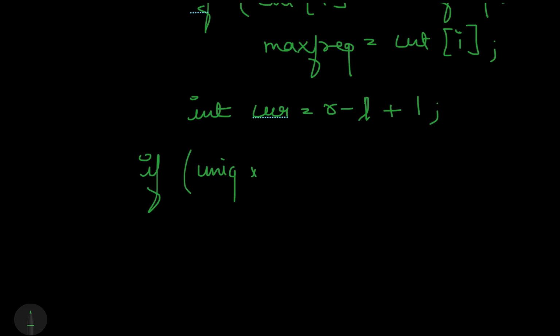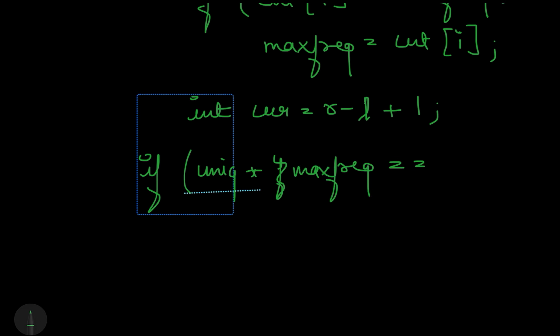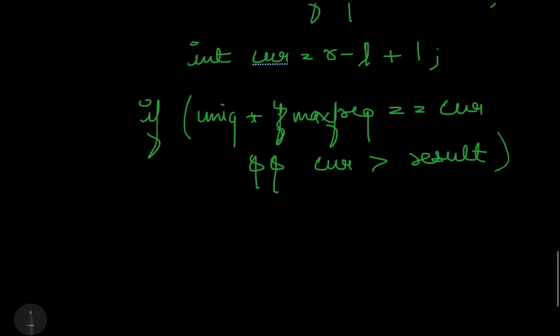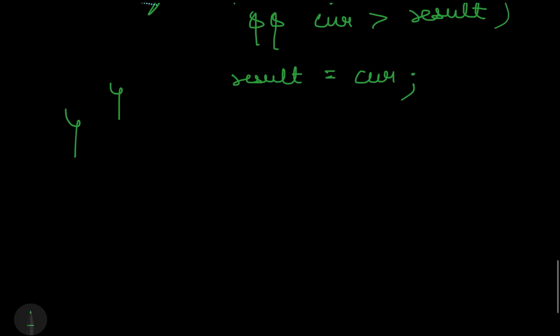If the unique count times the max frequency is equal to the current length, and the current length is greater than result. Because if it is not, then we already have a substring which is longer. If it is, then we'll update our result with the current length. And simply at last we'll return our result.